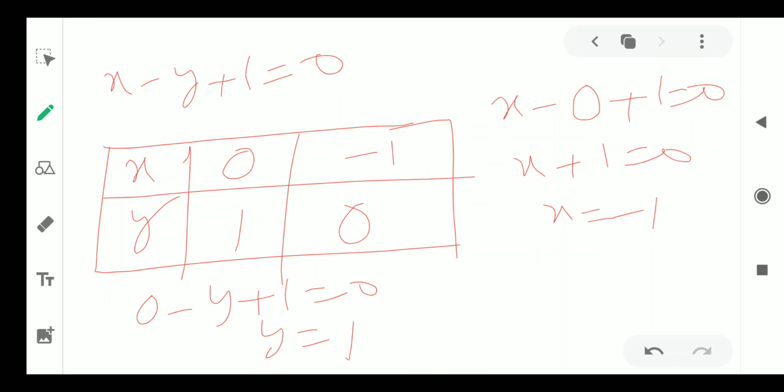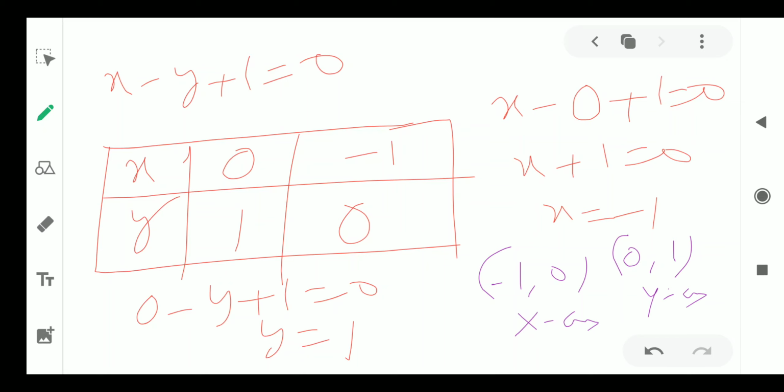So the first line, x minus y plus 1, cuts the x-axis at minus 1 comma 0, and it cuts the y-axis at 0 comma 1.